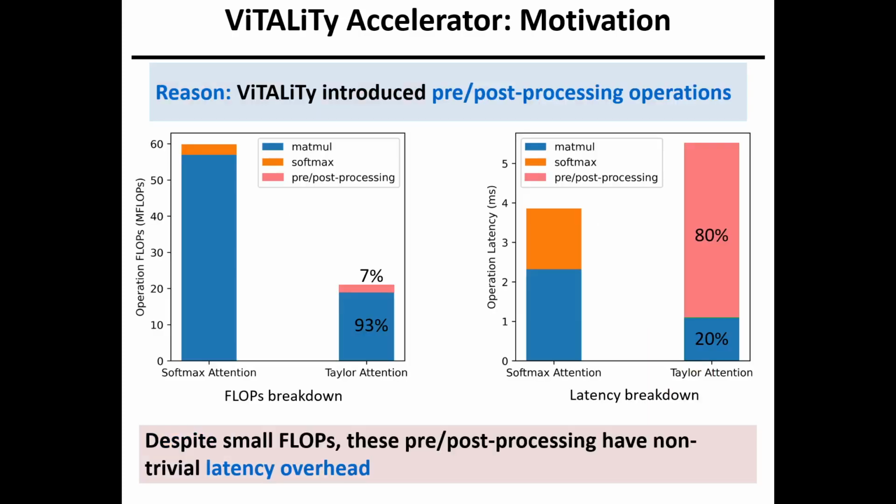By analyzing the FLOPs and latency breakdown of the softmax attention and the proposed linear Taylor attention, we find that despite a small number of FLOPs, the above pre-post-processing operations can have non-trivial latency overhead. They can contribute to about 80% of the overall latency on our testing GPUs.